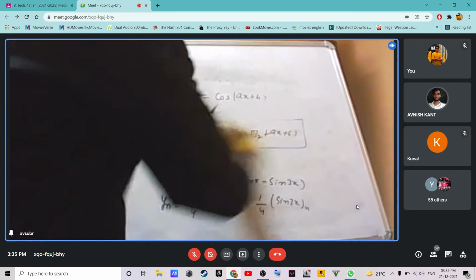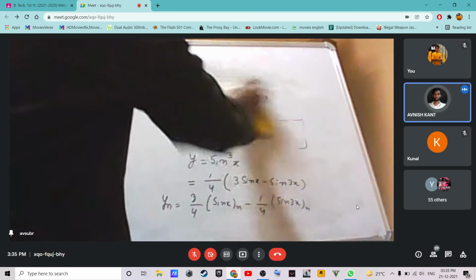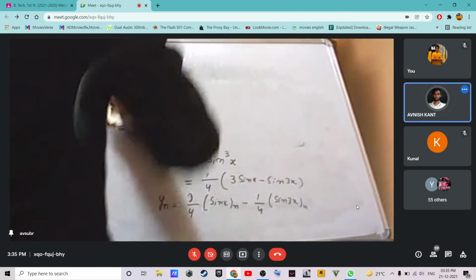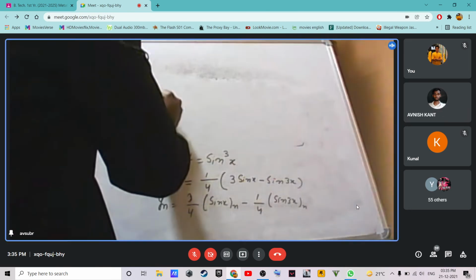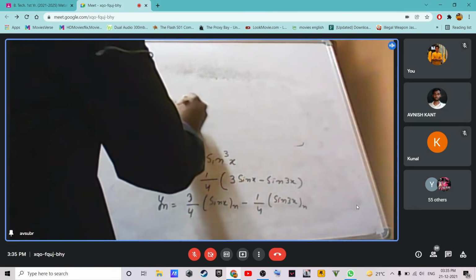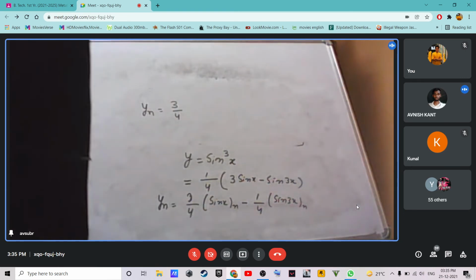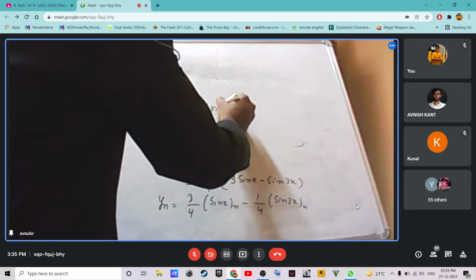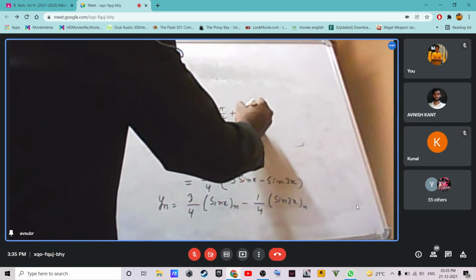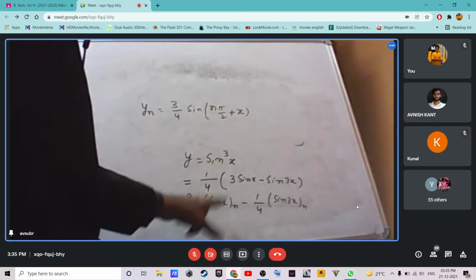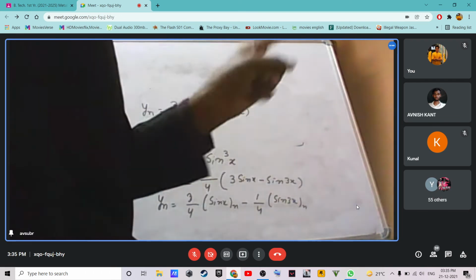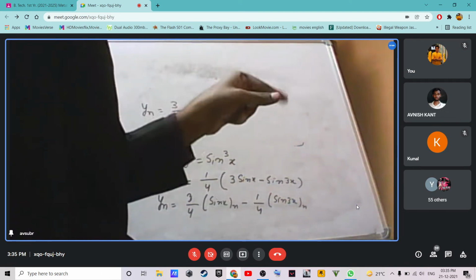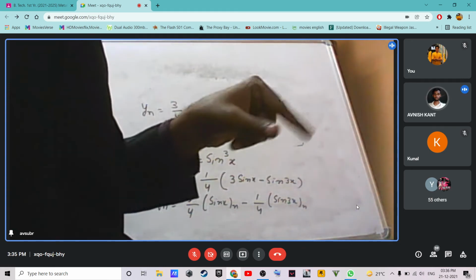Okay, so what will be the outcome? Yn will be 3 by 4 sin(n pi by 2 plus x). Just now we saw the formula a to the power n sin(n pi by 2 plus ax plus b).